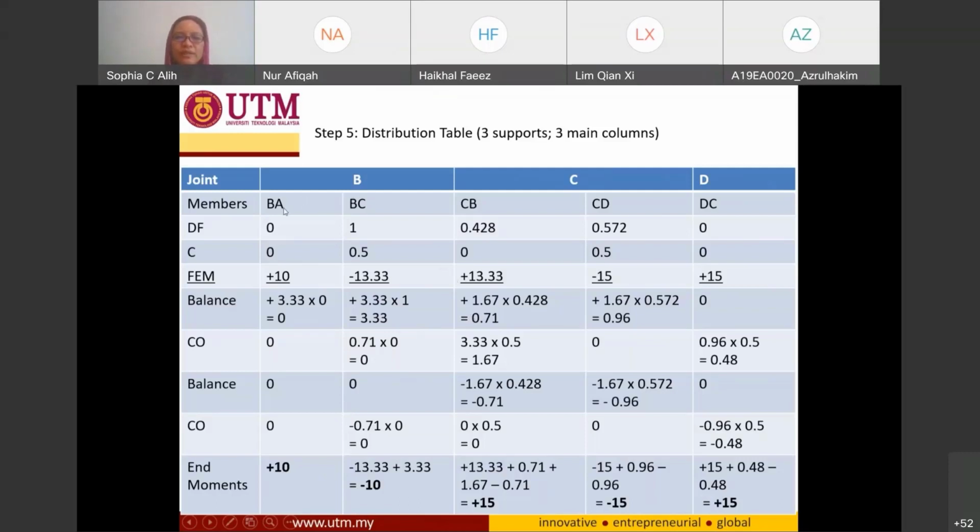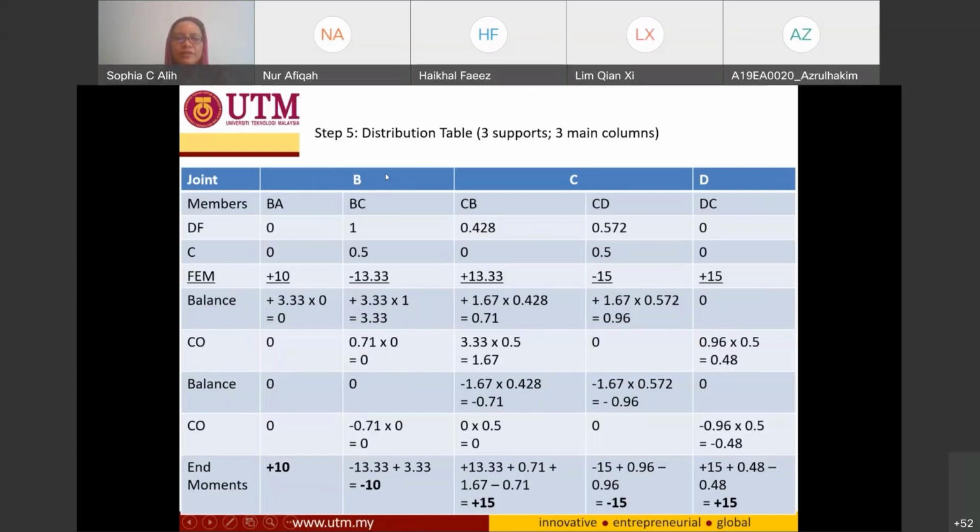What you have to do is first create your table columns. Since right now we have 3 main supports, our table has 3 main columns, based on your supports.